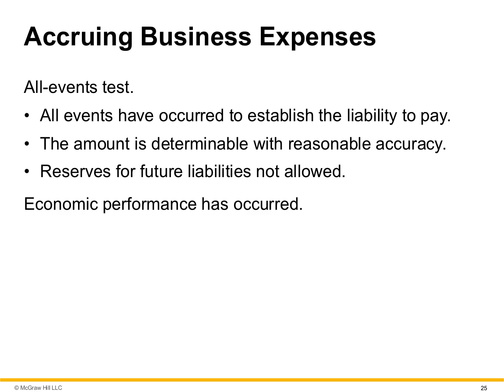So for the all events test, it is very similar to the all events test for recognizing income. And so for the all events test, all events have to have occurred to establish the liability to pay. The amount should be able to be reasonably determined with accuracy. And then additionally, reserves for future liabilities are not allowed.